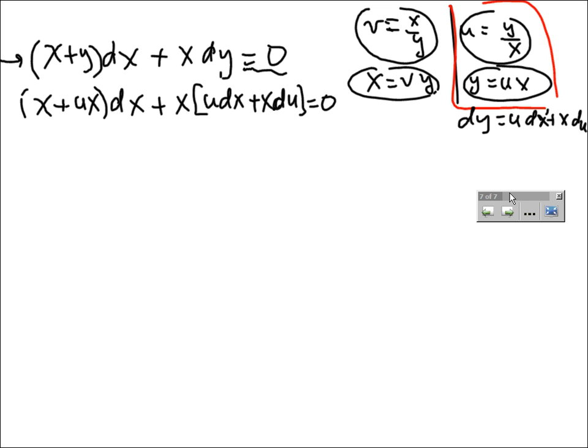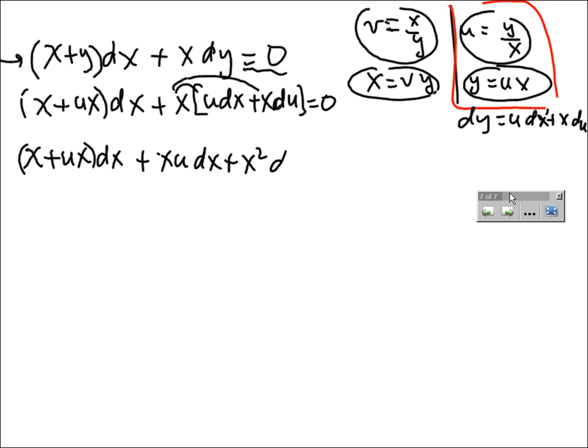Now, if you look at this second line, there's only x's and u's, which means we're doing this right. So we have (x plus ux) dx plus xu dx plus x squared du equals 0.